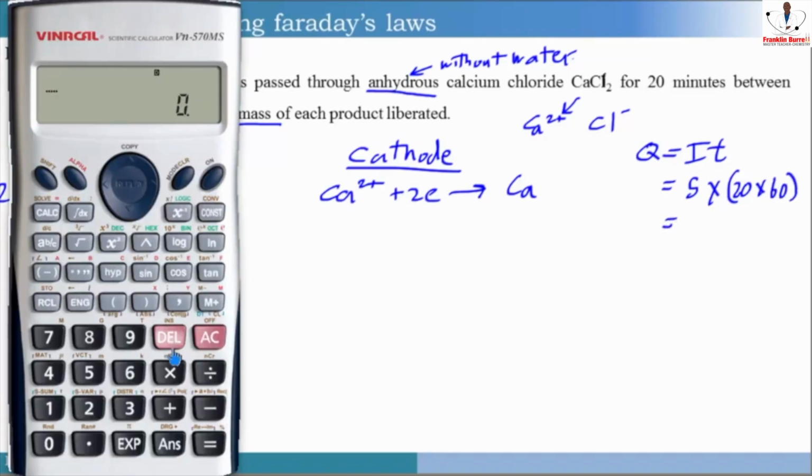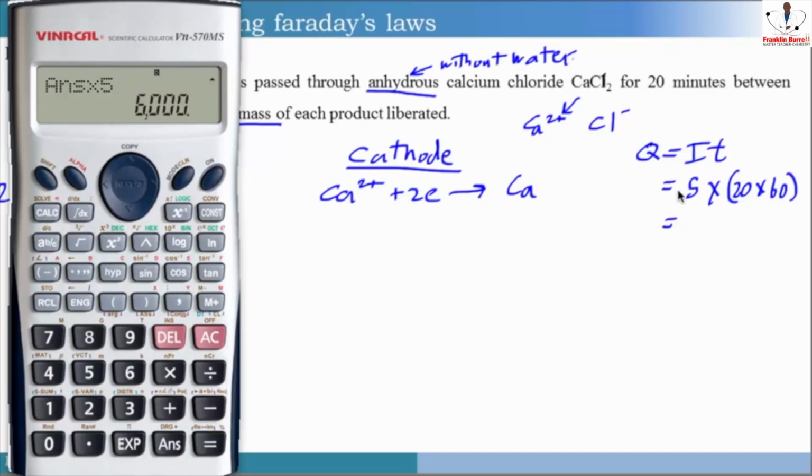So Q would be 20 times 60. That is converting minutes to seconds. And that would be equal to 1,200. And that we will now multiply by 5.